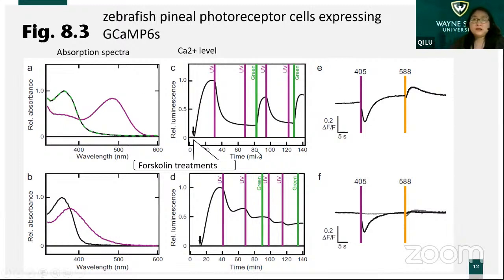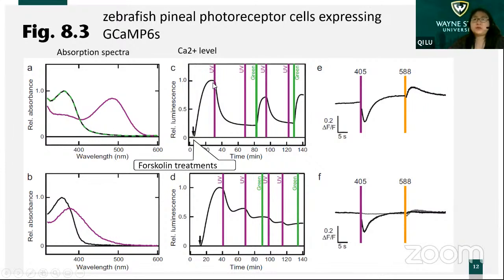So using this forskolin treatment, you will activate adenylyl cyclase and get a huge increase of the cyclic AMP. And as a result of the increase of the cyclic AMP, the calcium level will also be increased.